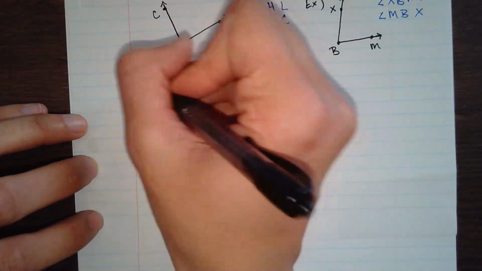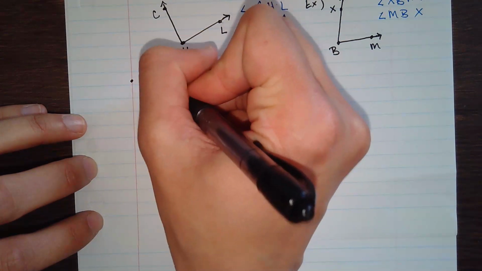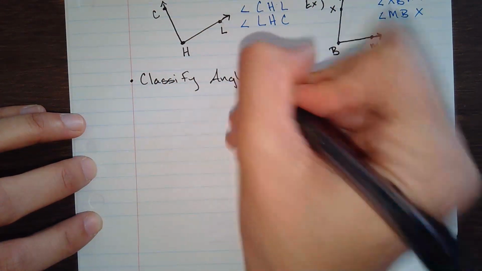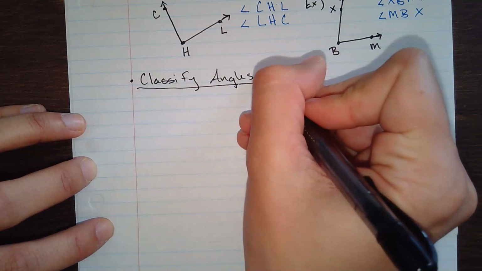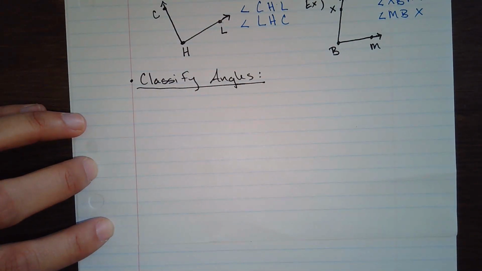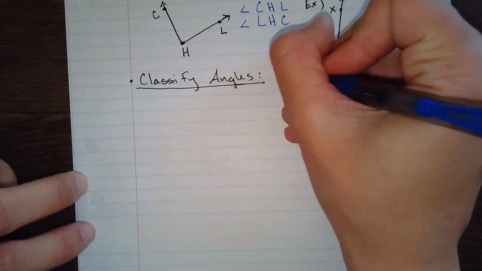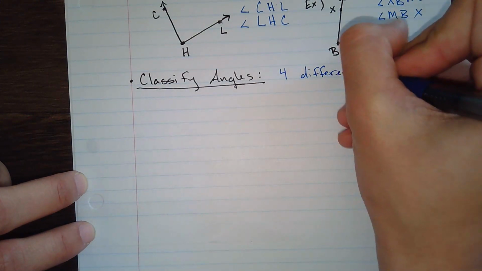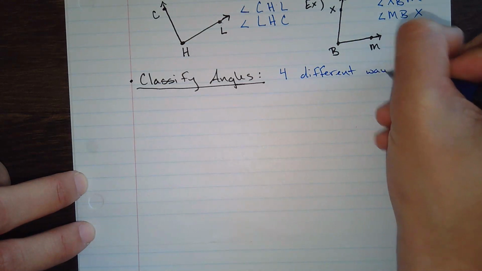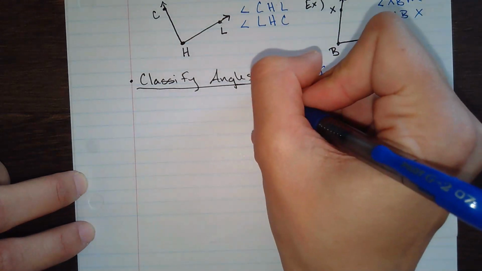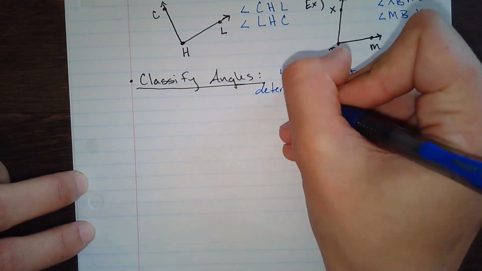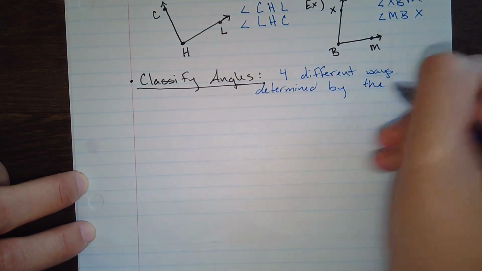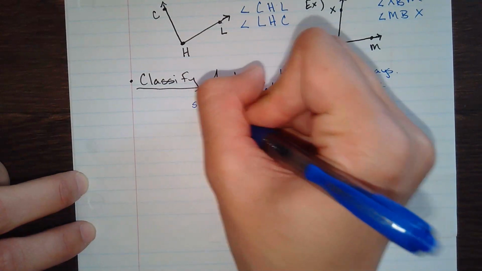Next up, we're going to talk about different ways that we can classify angles. And there's 4 different ways. And it's all determined by the size of the angle.